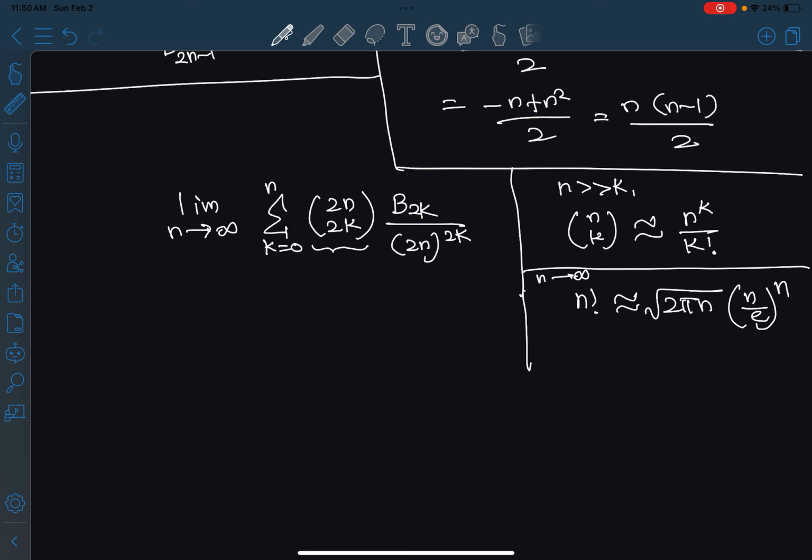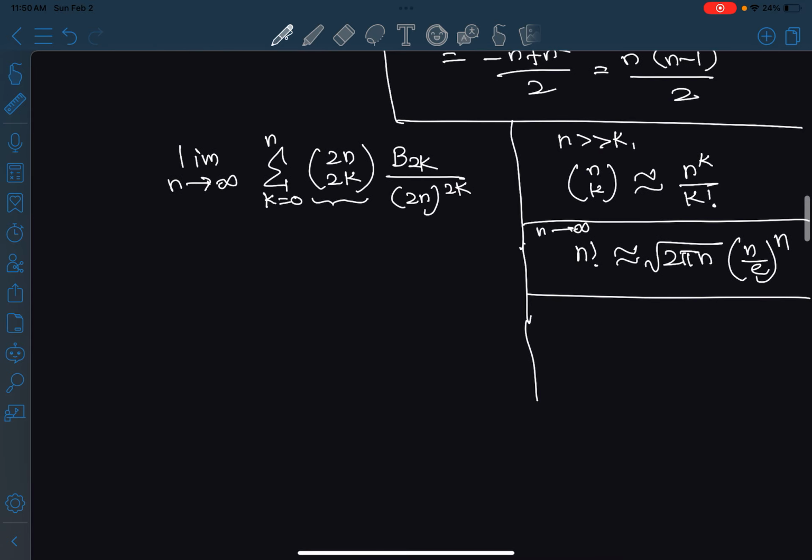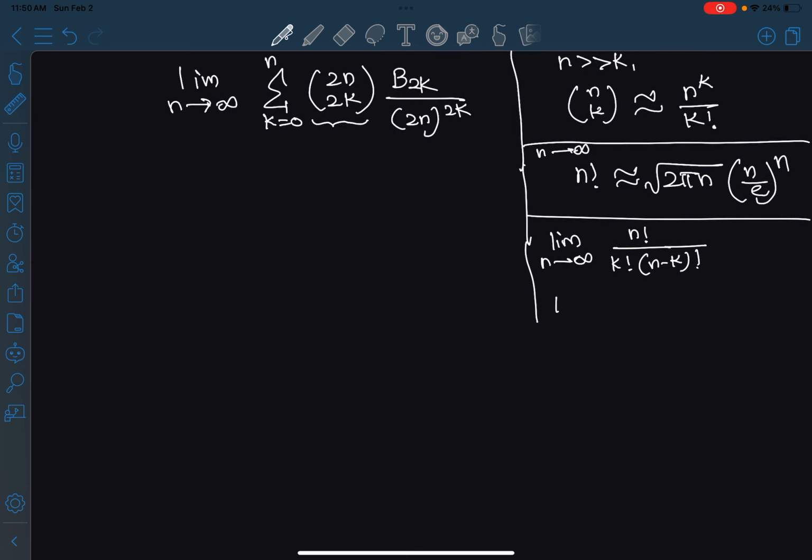So if you want to prove the first formula using Stirling's approximation, we can break down n choose k. Let's say n is going to infinity. Now this becomes n factorial by k factorial times n minus k factorial. There are two factorials involving n, and n is going to infinity, and k is just some number, right? So I can use the formula square root of 2 pi n times n by e to the power n.